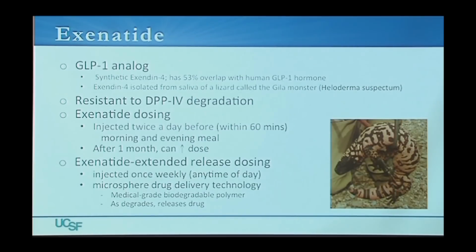Twice-a-day injection, usually at breakfast and dinner. More recently, an extended-release formulation came out that is taken once a week. And this has sort of the same technology that our medical-grade sutures have that dissolve, sort of like a wiffle ball, microscopic, that has the medication that slowly dissolves under the skin and can be used once a week.